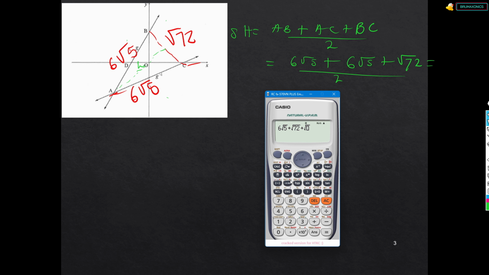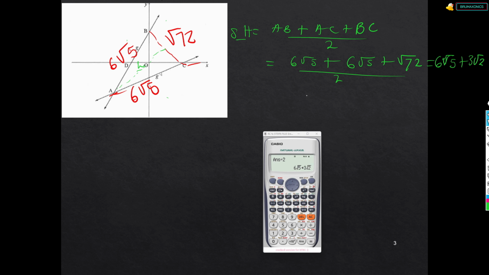Just the addition. The arrangement does not actually matter in addition. All divided by 2. Then this will be my answer. And I will just say 6 square root of 5 plus 3 square root of 2. So this is the answer that I have for SH, right?